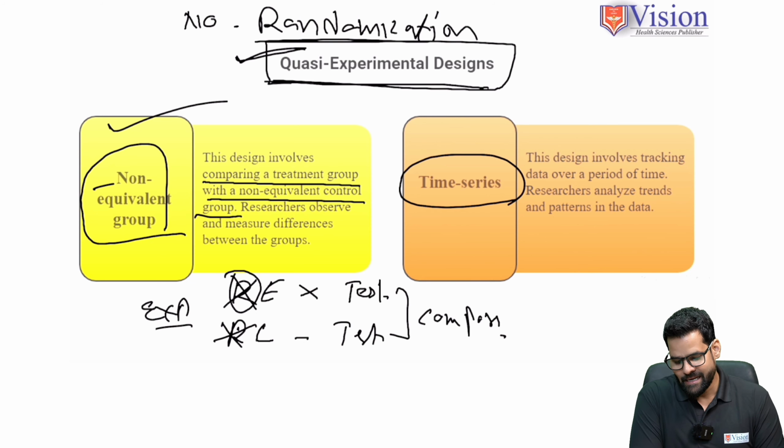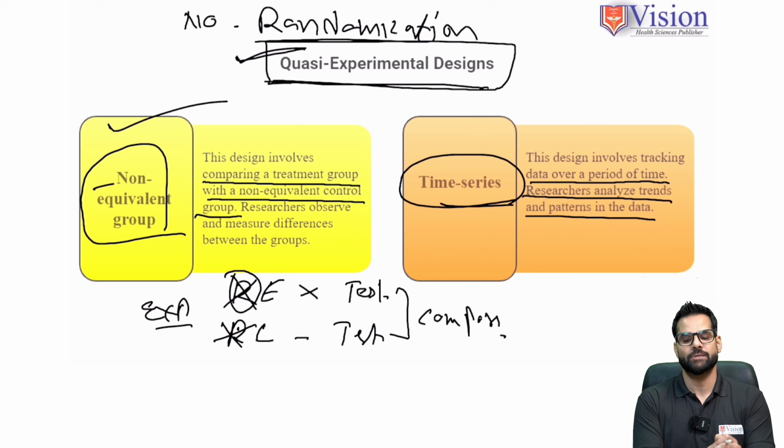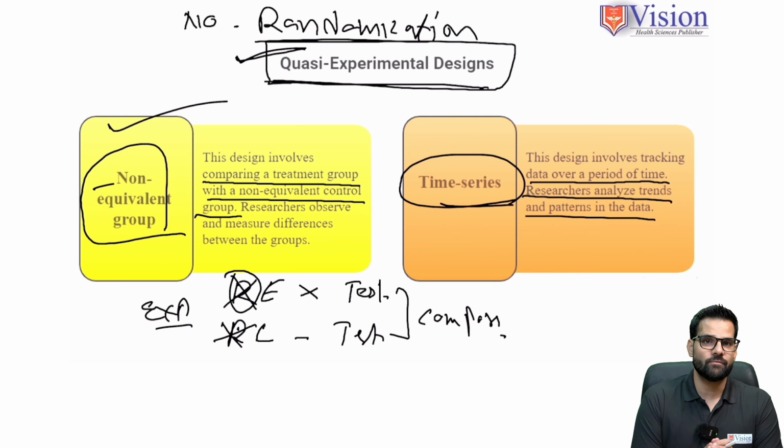Second is the time series design. This design involves tracking the data over a period of time. Researchers analyze the trends and patterns with this particular type of research. In a time series, they make observations of the same subject with the same outcome variable at multiple points of time.